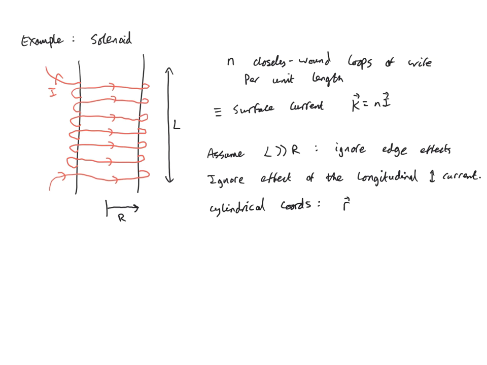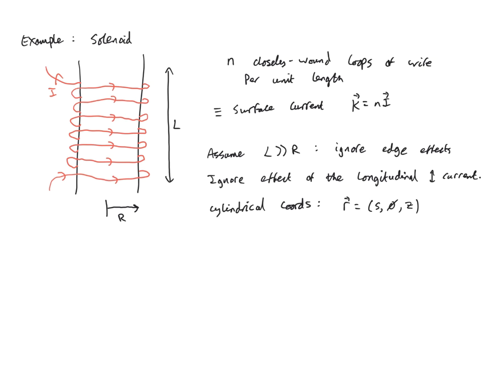So we'll define a point in space R according to the radial extent s, the angle phi, and the vertical position z. So they're our cylindrical coordinates, which we're going to use for this. So clearly, in this problem, there is no radial component of the magnetic field. Why is that?